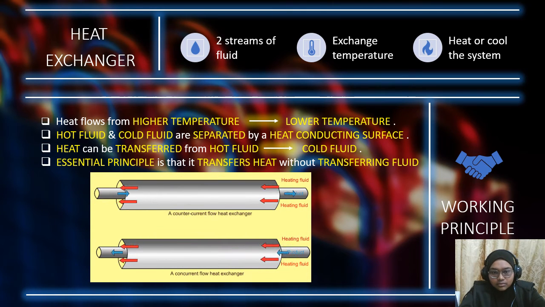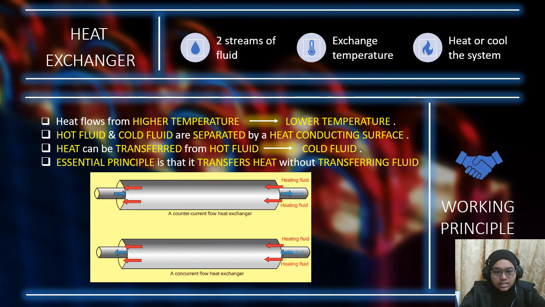In the animation shown in my slide, we can see there are two types of flow in a heat exchanger: countercurrent flow and parallel flow.